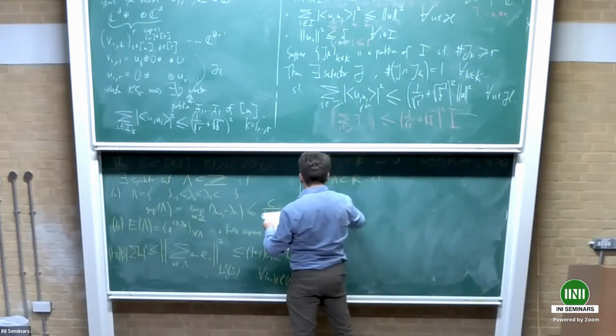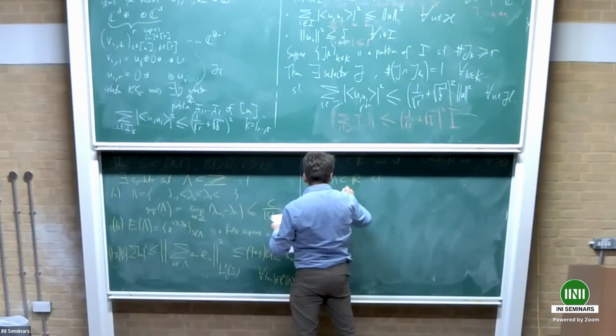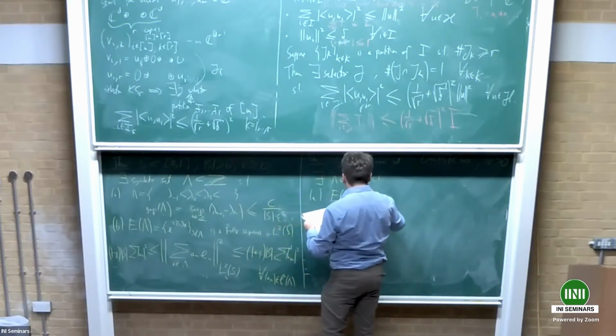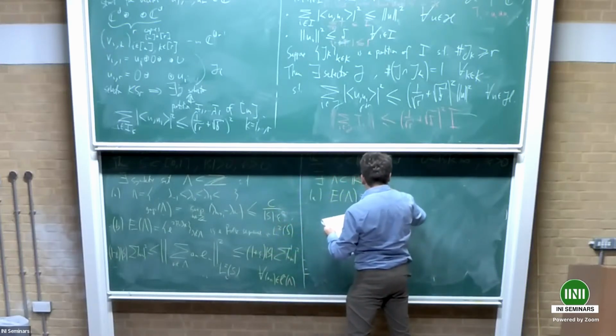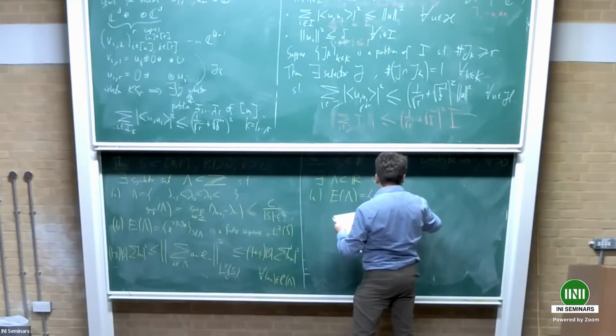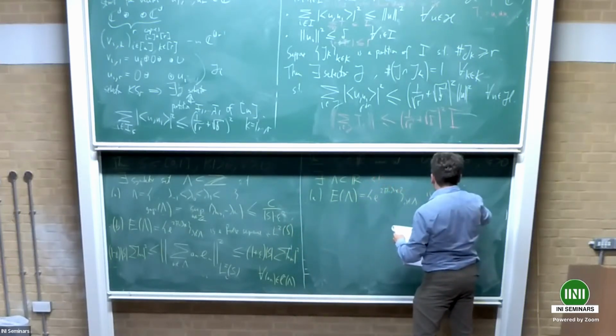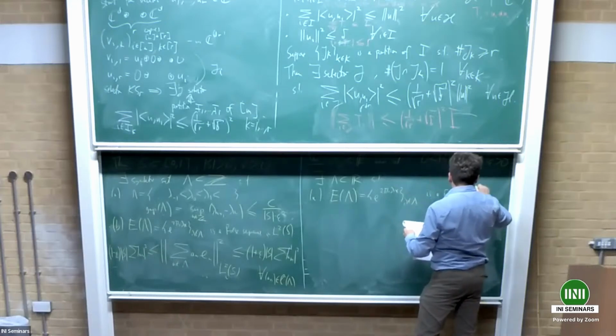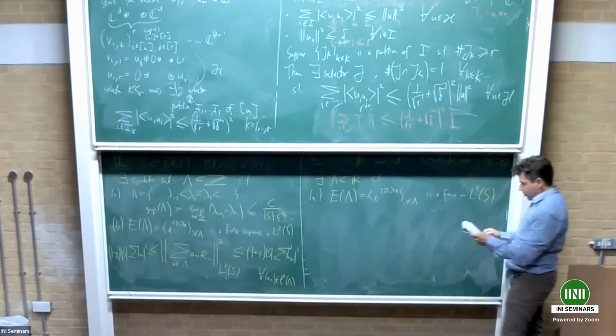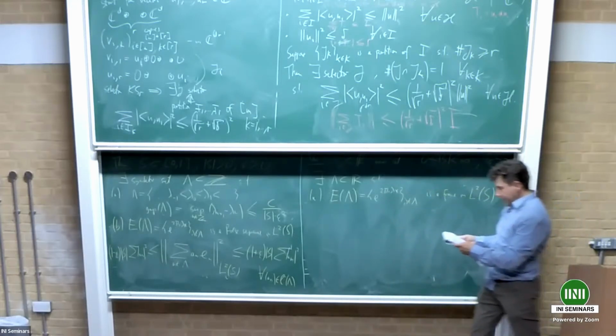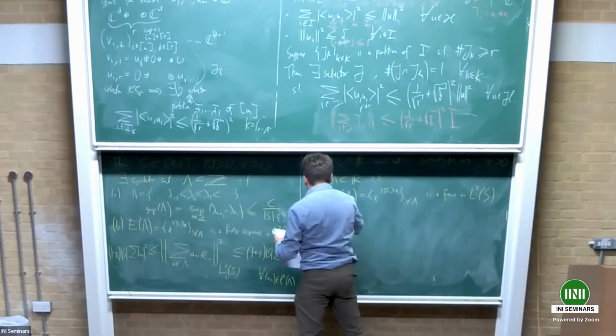The first thing is that we would like the set of exponentials E lambda to be a frame in the space L2 of S, but the frame bounds will be almost tight.